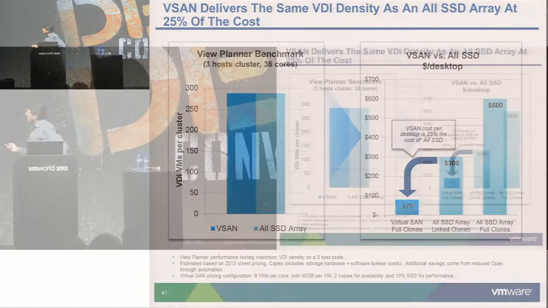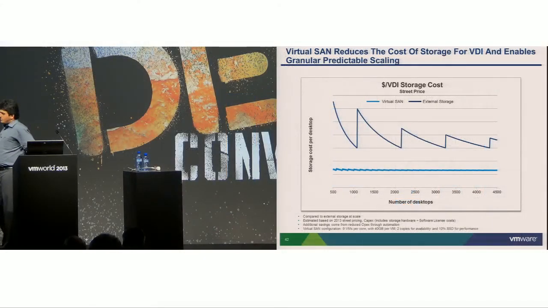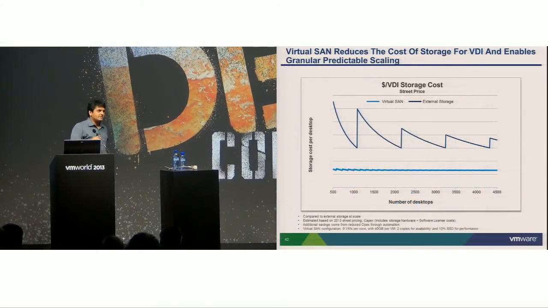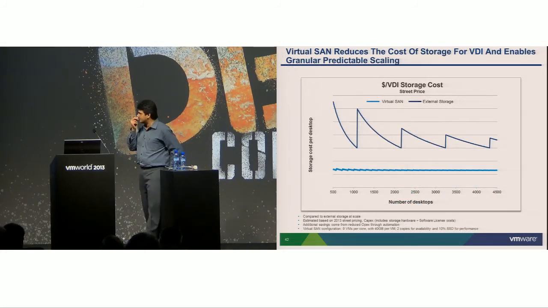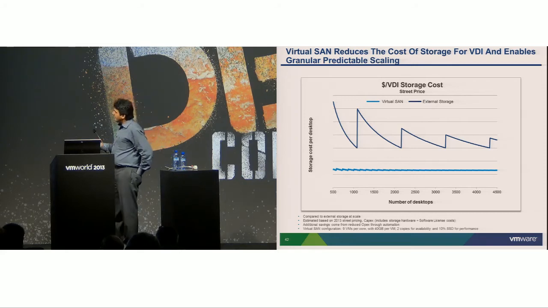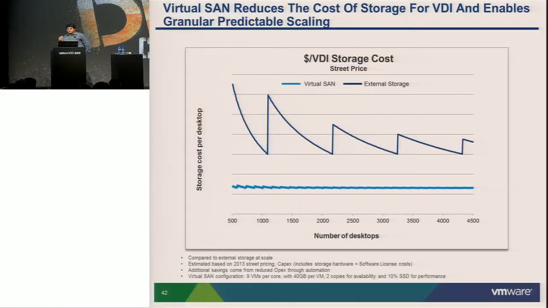More importantly, because vSAN can scale linearly in terms of performance as well as capacity, as you scale your VDI deployment from, say, 500 VMs to 1,000 and above, the upfront investment with vSAN is the same. So it's small, because vSAN is a much more granular unit of storage.